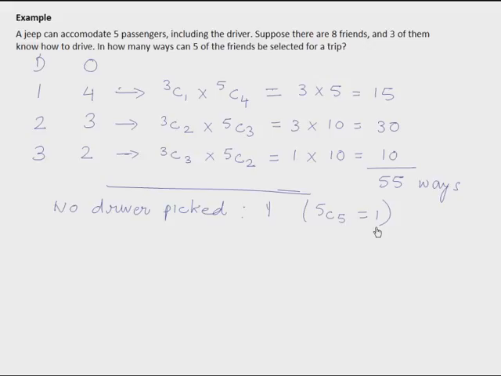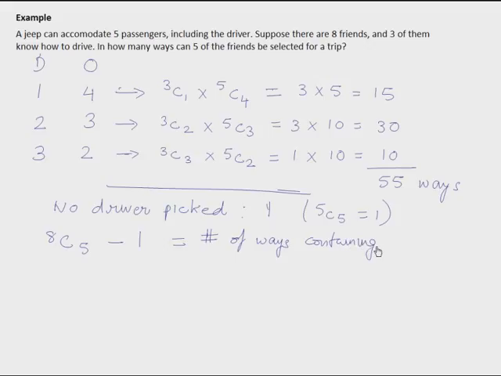If I subtract this from the total number of ways I can pick 5 friends from 8, then the rest of the ways will contain ways where surely there is at least one driver. So, the total number of ways I can pick 5 friends from 8 is simple. It's 8C5, and I subtract the number of ways no drivers can be picked, that is 1, and I should get the number of ways where I can pick at least one driver.